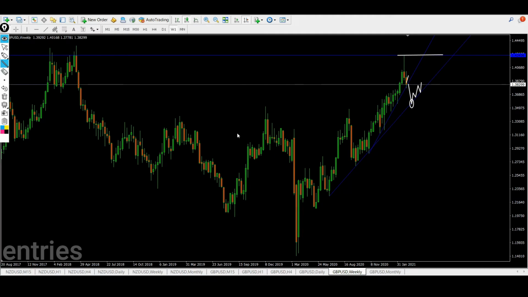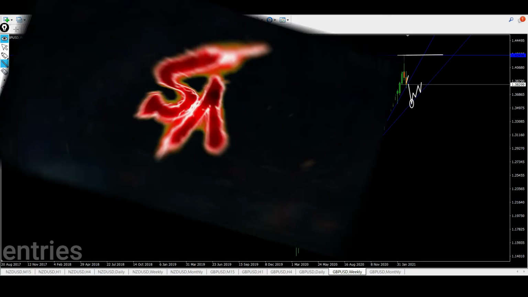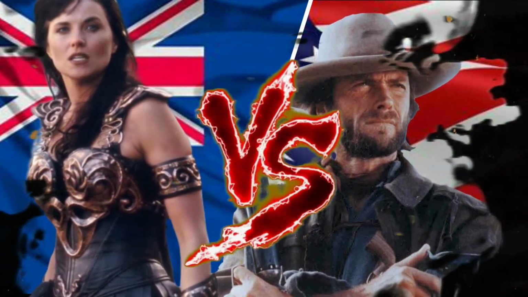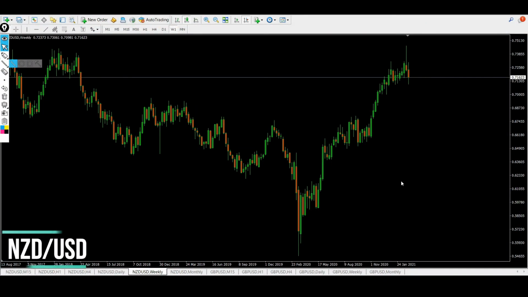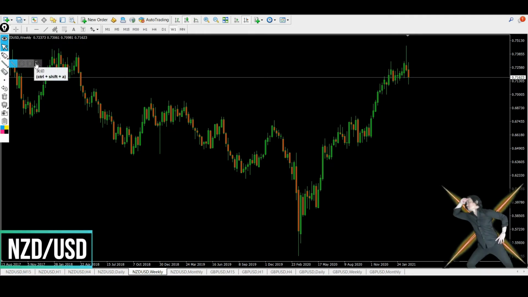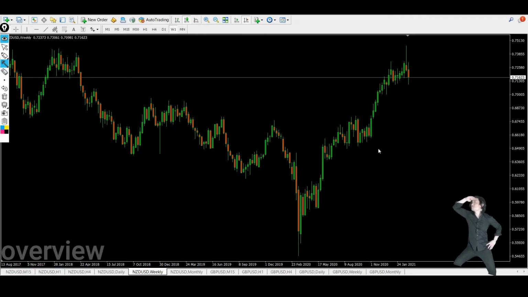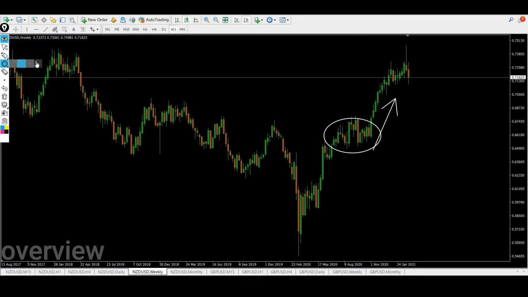Okay, so let's go on to the NZD USD. This is a weekly chart. We'll start off with an overview. Fundamentally, this entire move right here, starting from this range, is based on momentum. So we're looking for a short right back down to this level right here in the long term.